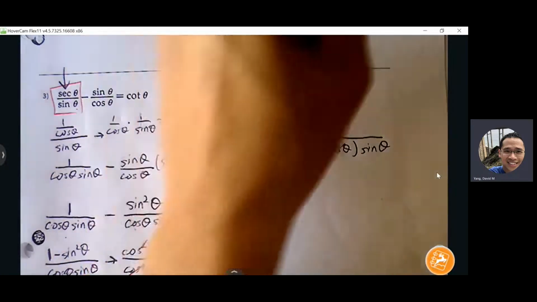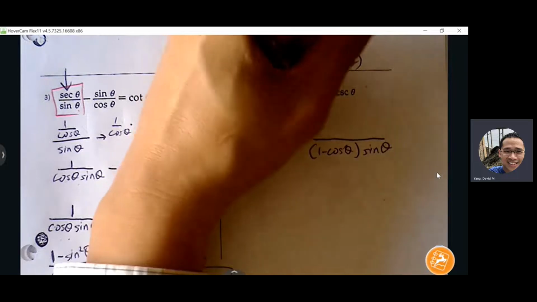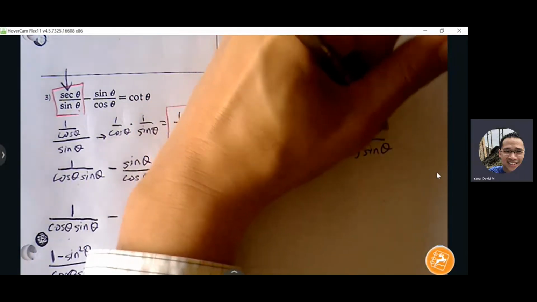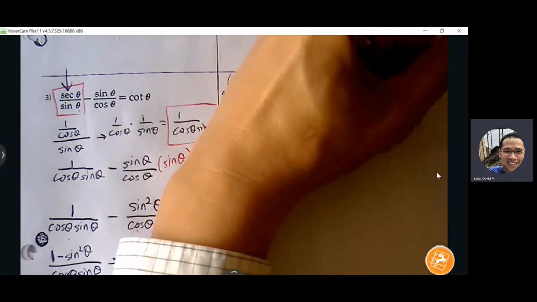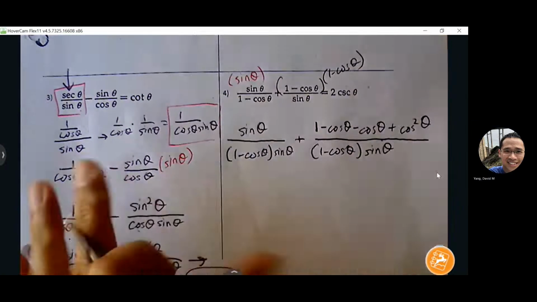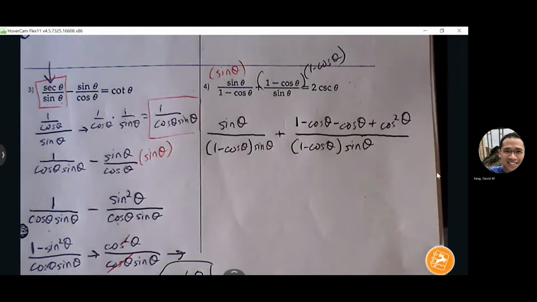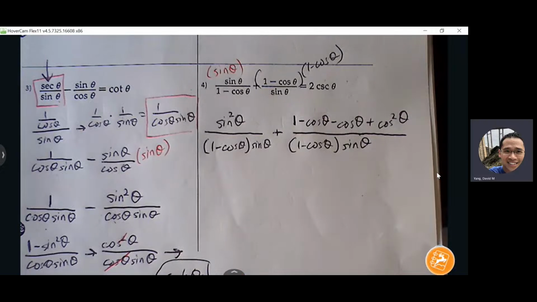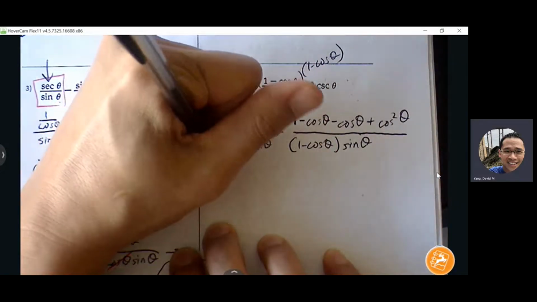If I distribute the 1 minus cosine, I get 1 minus cosine theta minus cosine theta plus cosine squared theta. Oh, sine squared theta, sorry. All right, everything can go under one fraction.